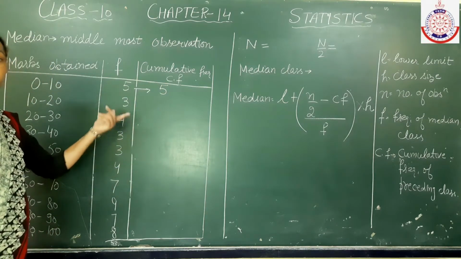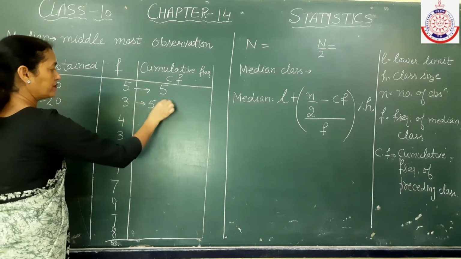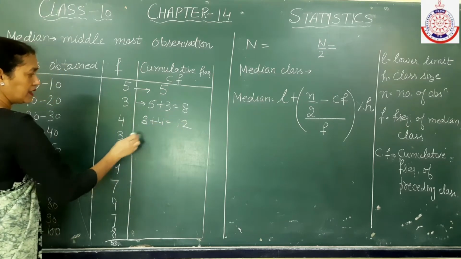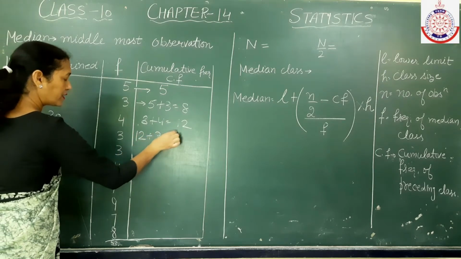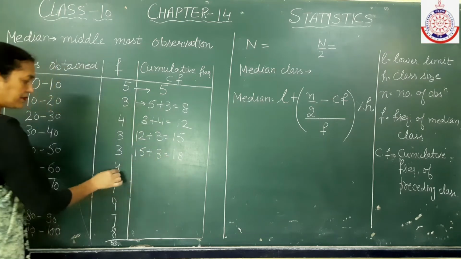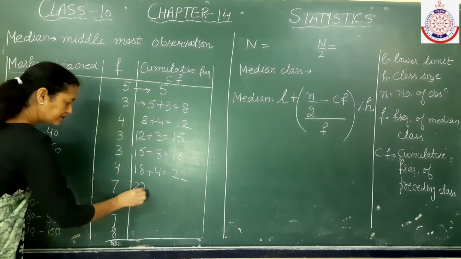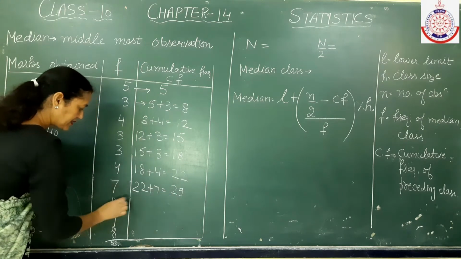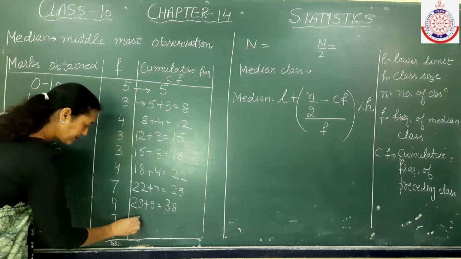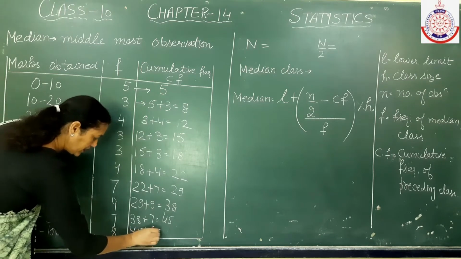After that we will combine step by step, by addition. 5 plus 3 gives us 8. 8 plus 4 is 12. 12 plus 3 is 15. 15 plus 3 is 18. 18 plus 4 is 22. 22 plus 7 is 29. 29 plus 9 is 38. 38 plus 7 is 45. 45 plus 8 is 53.